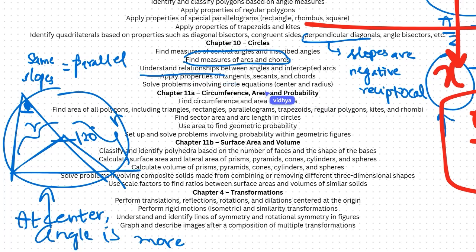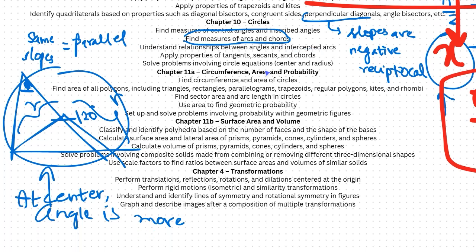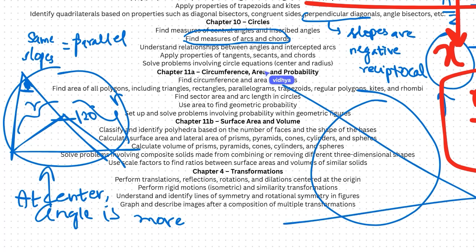Anyway, understand relation between angles and intercepted arcs. I think it is fine, right? At the center this will be more, and the formulas which we just discussed. Okay, next. Apply properties of tangents, secants and chords. We just discussed. Plot 5 points where they are intersecting.